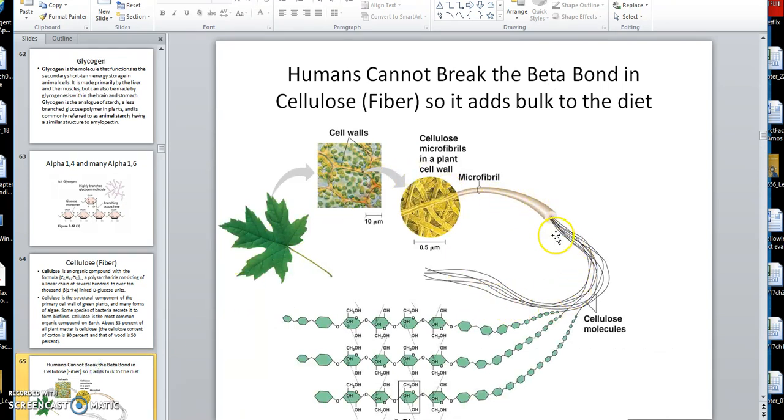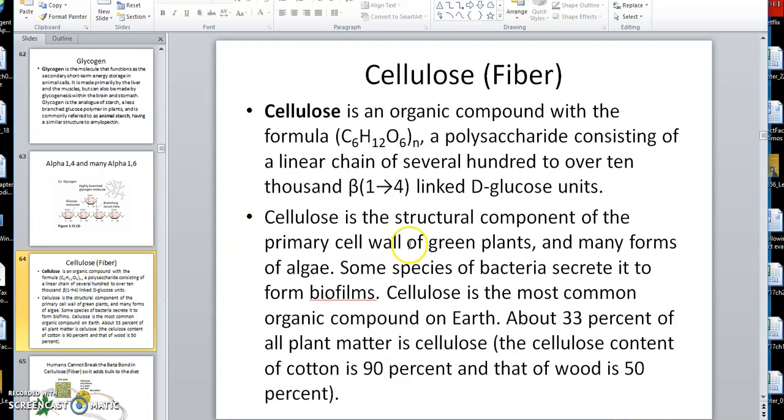That's where the term fiber came in, a fibrous appearance. Why can't we digest it? Because we don't have enzymes to break down this beta-1,4 linkage to break apart the glucose molecules. But cows do. That's why cows can eat grass, and some other animals. Dogs, to a certain extent, have minimal. That's why when they get sick, they'll start eating grass and so forth.